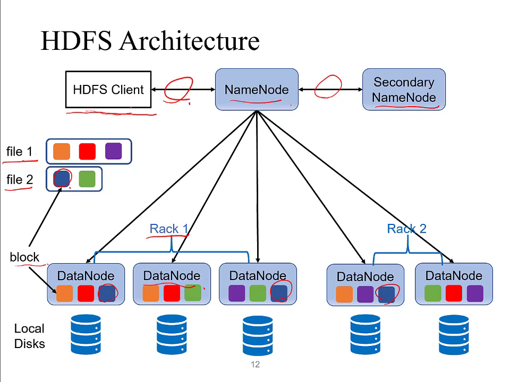One is write, one is read. So how do we write data to HDFS, and how do we read data from HDFS? All these things, including why we need multiple copies of the blocks, are going to be covered in today's lecture.